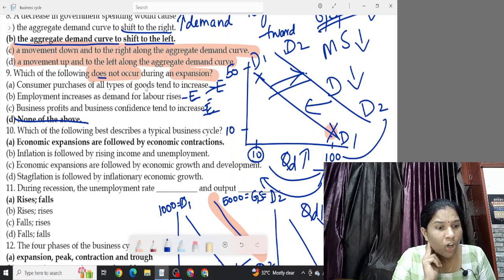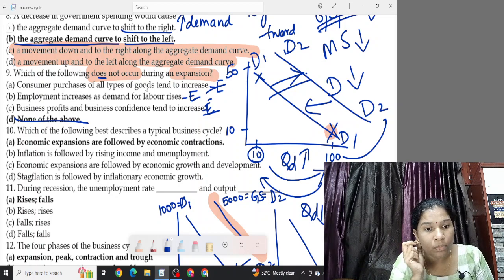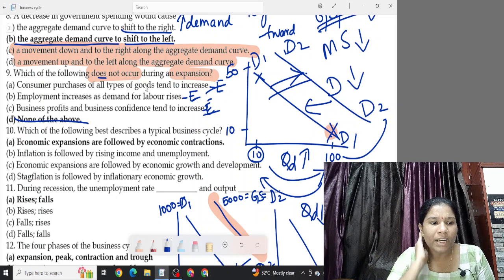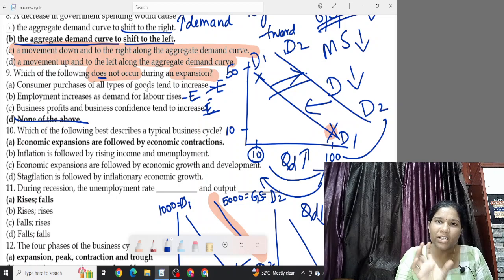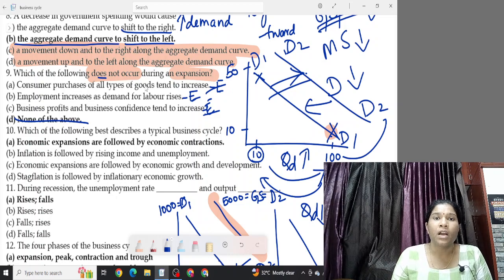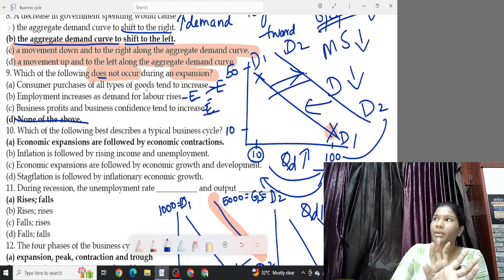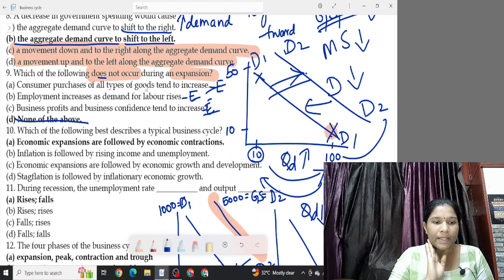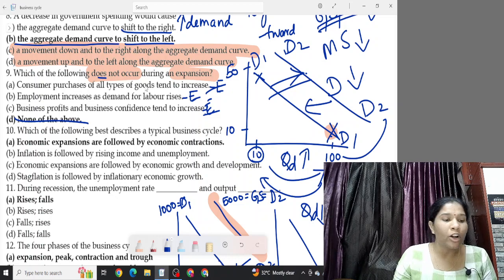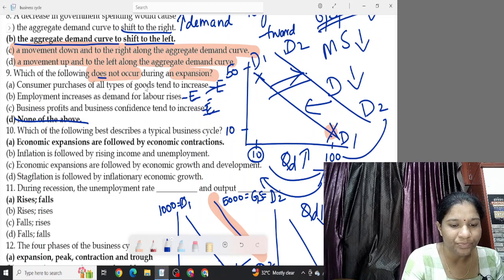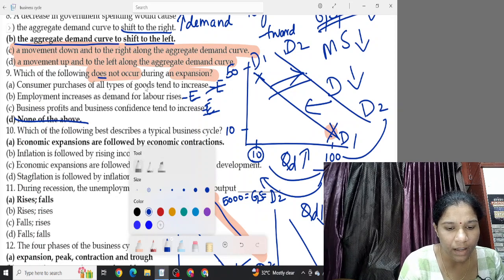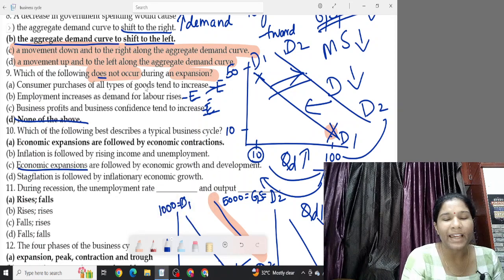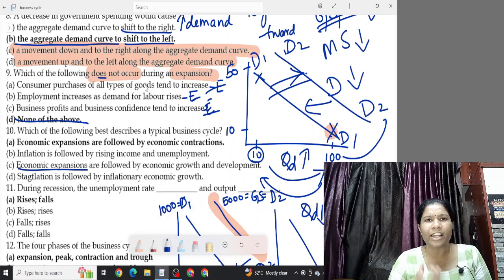Now, economic expansions are followed by economic growth and development. See, what is economic expansion? Economic growth and development. Why should economic expansion be followed by economic growth and development? Instead of the word economic expansion, it can also be said as economic growth and development.